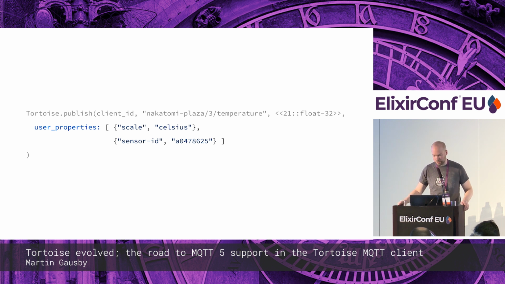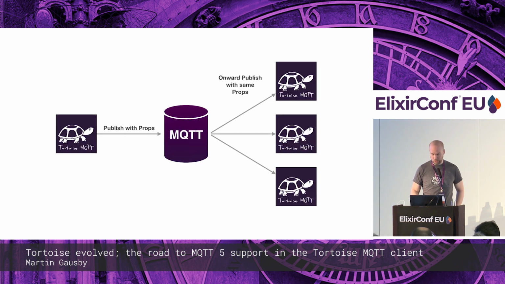Here I say that the scale is Celsius, and then I also say my sensor ID, so I can basically tell the broker where I'm from. This is pretty neat because the broker will just send these user-defined properties to the subscribing client without touching them. They just go through. It's a nicely specified behavior.